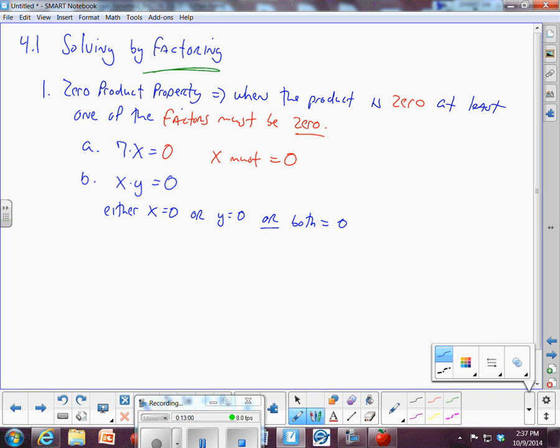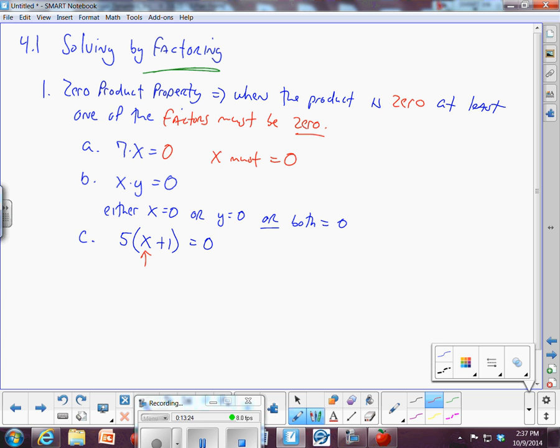All right, so let's look at a few other aspects of this. And let me give you a little progression. Let's suppose we had something like this. Let's suppose we had 5 times the quantity x plus 1 equals 0. Now there's only one variable.